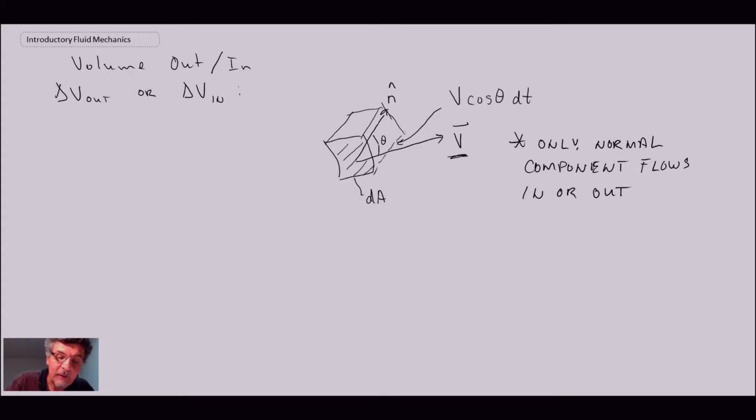So with that, what we can write is delta V is V cos theta dt multiplied by the area, dA. And that would then give us the volume that is leaving or entering. And that can be re-expressed in terms of the dot product that we looked at earlier.